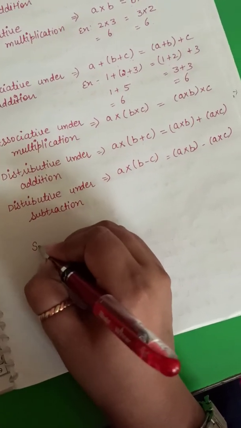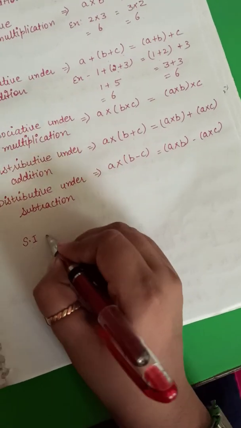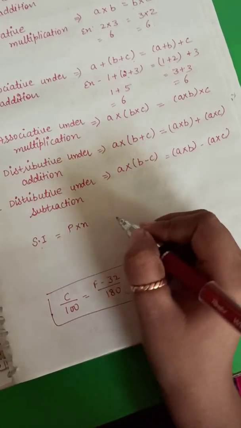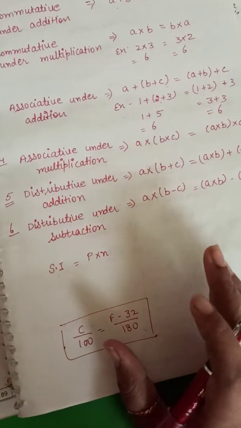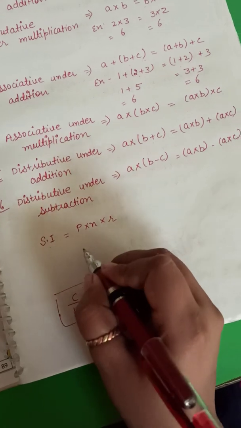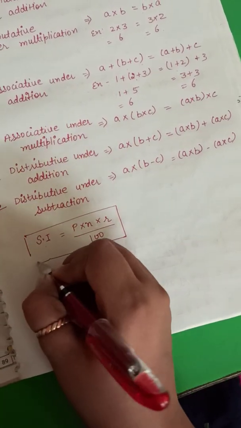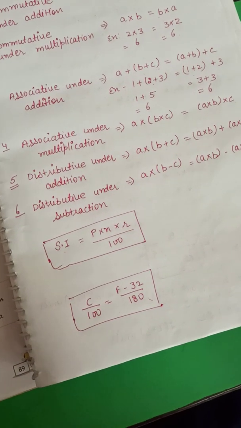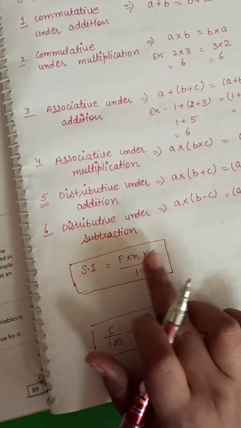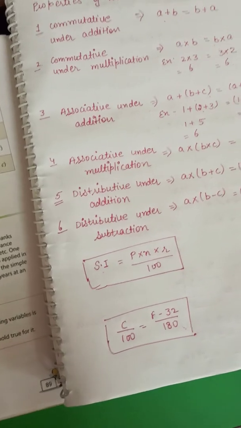They are putting like this: SI means simple interest, P principal, N number of years or number of months, multiply with rate, then divide by 100. This is the formula of simple interest, right? In this also they are using the variables which depend on each other for their values.